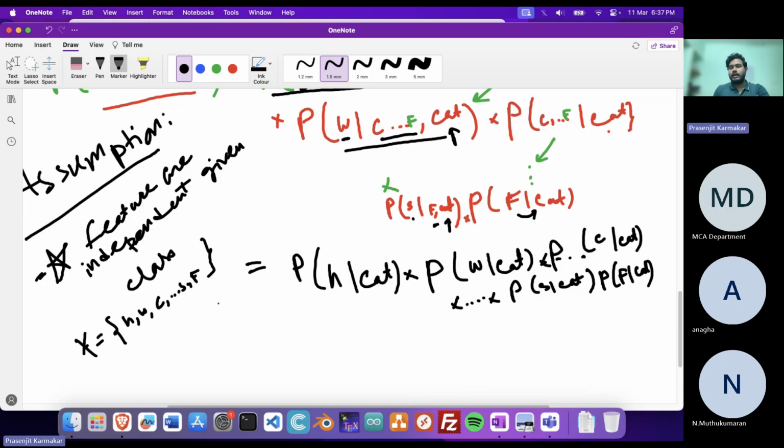So how can I write this, because of the assumption that my features are independent of each other given the class information?